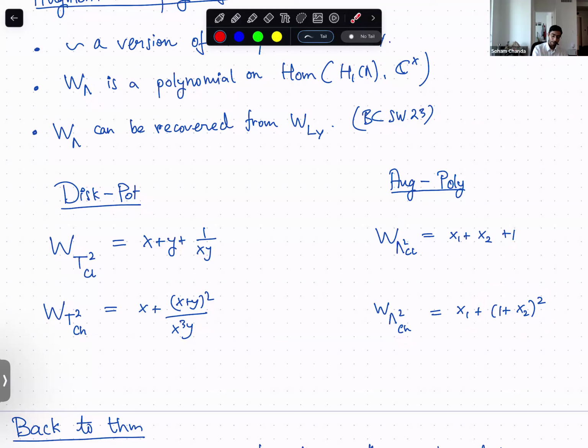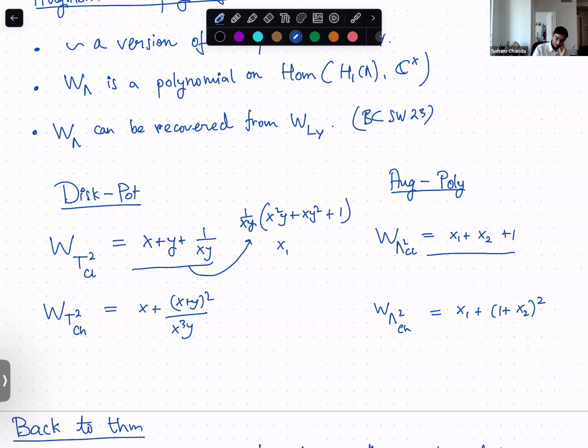Now I'll tell you how to see these things. The formula for going from here to here is: first take 1 over xy common, then you will see it is x squared y plus xy squared plus 1. Now I can define x1 to be x squared y and x2 to be xy squared.